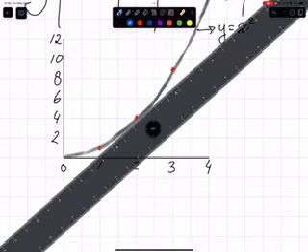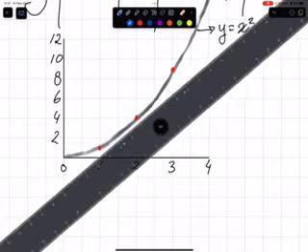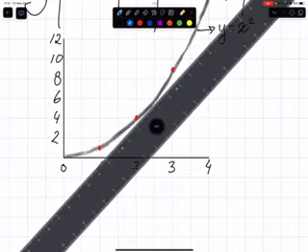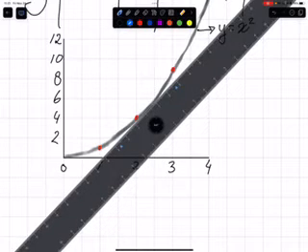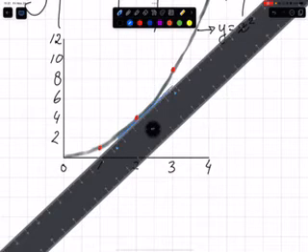Start from 1.5 and end at 3.5. One and a half to 3.5.